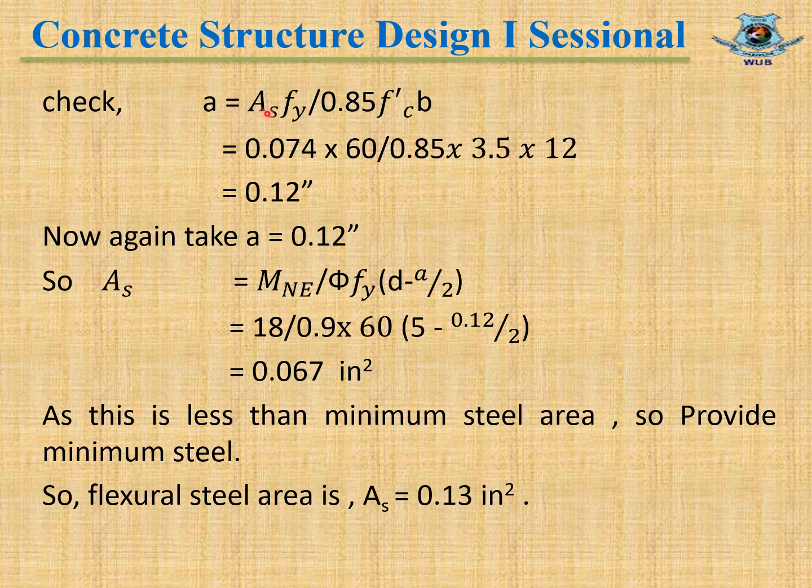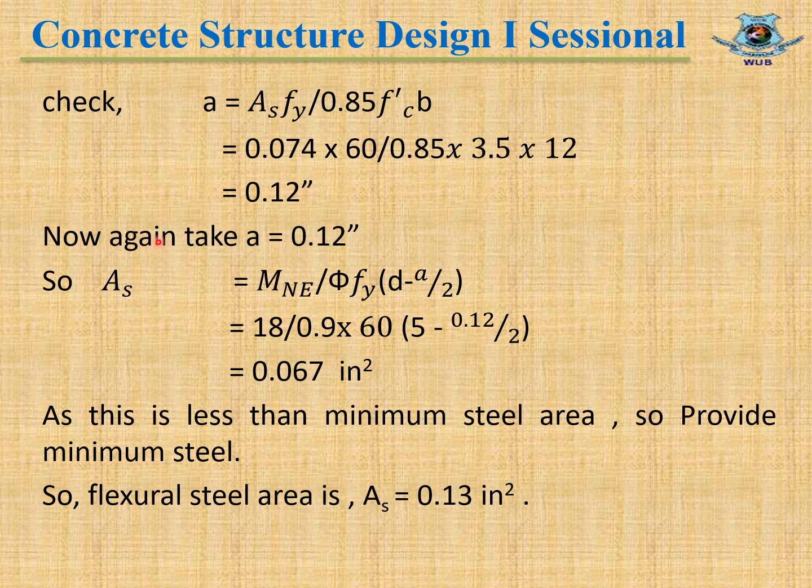Check a equal to As Fy divided by 0.85 f prime c into b. Here As is as calculated in the previous slide and b is always taken as 12 inch for one way slab. So a equal to 0.12 inch.